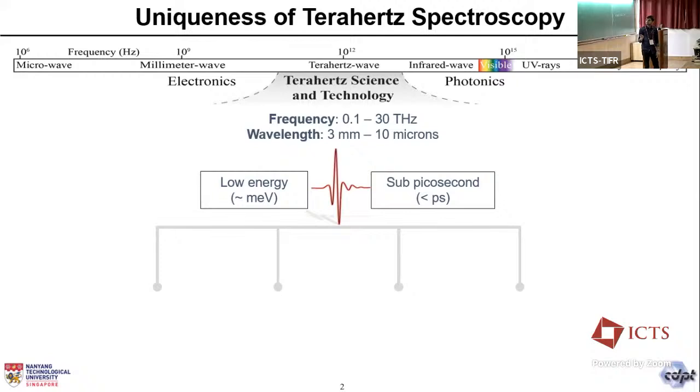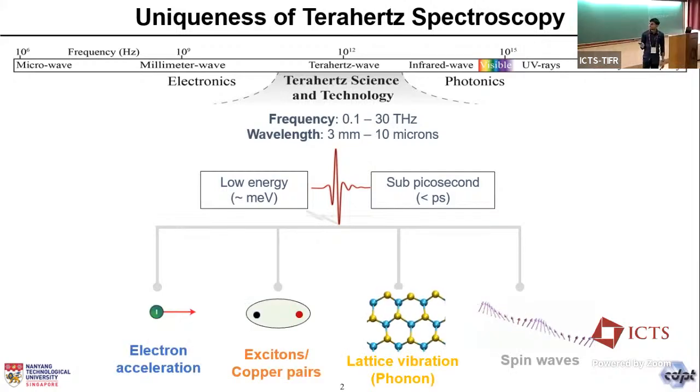Another interesting thing about it is the time scale, which is sub-picosecond in nature. So the resolution that we can have is in hundreds of femtosecond, right? That's why we can use this terahertz photon to probe many quasi-particles in various quantum materials, starting from excitons or Cooper pairs, electron acceleration.